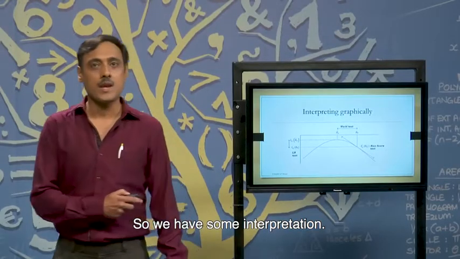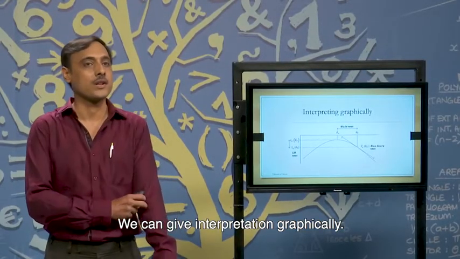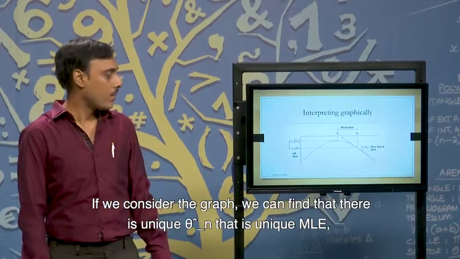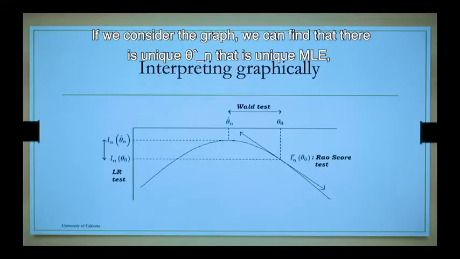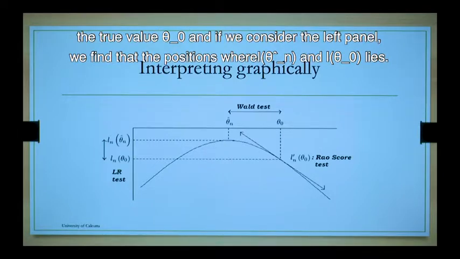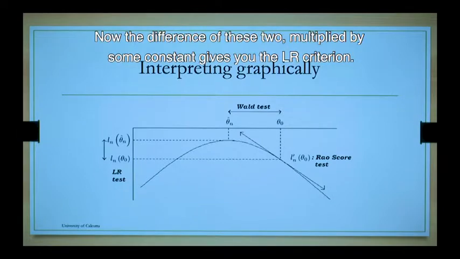We can also give a graphical interpretation. In the graph, there is a unique theta hat n, that is the unique MLE, and the true value theta naught. In the left panel, we see the positions of L(theta hat n) and L(theta naught).